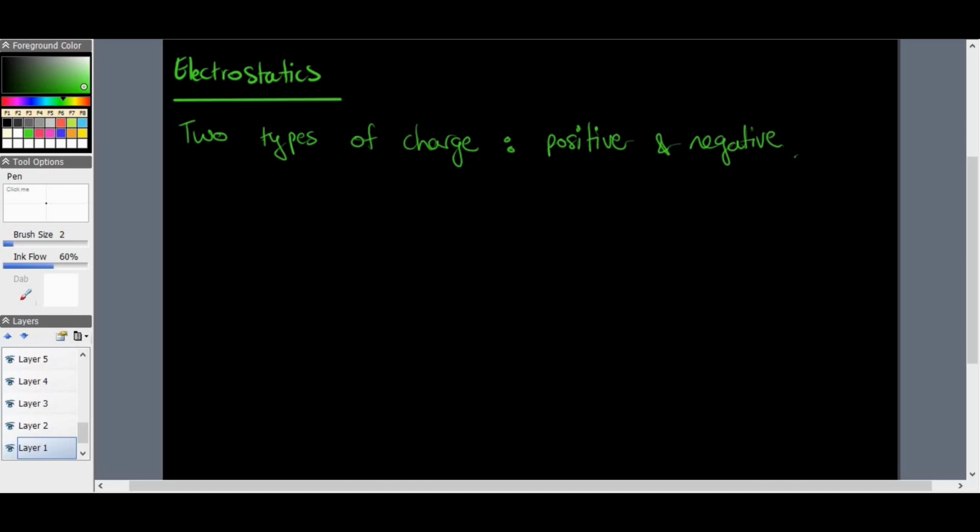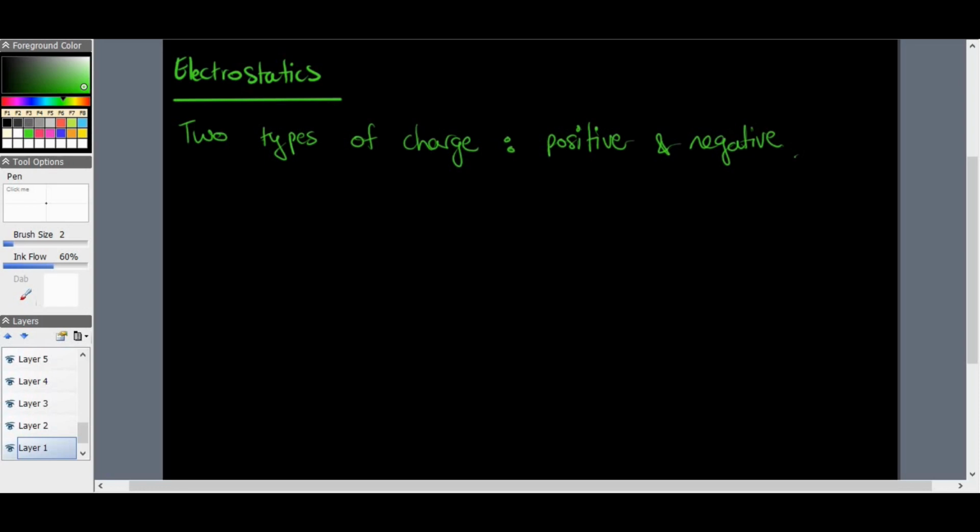If you have a plastic ruler and you rub it very nicely and hard on your hair, and you put it near a piece of paper, the paper will lift up, attracted to the ruler. It shows the difference between positive and negatively charged. So a negative charge is attracted to a positive charge, or a positive charge to a negative charge, which means there is an attractive force.